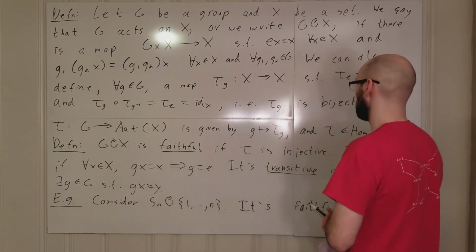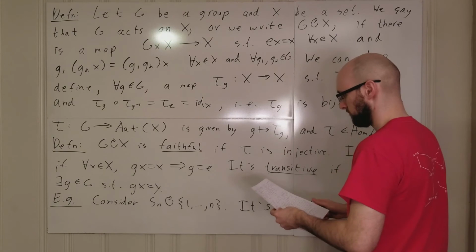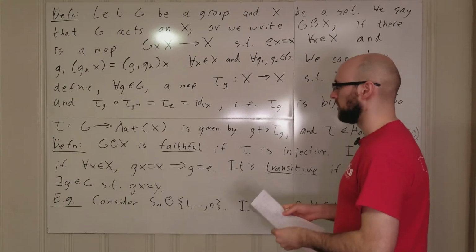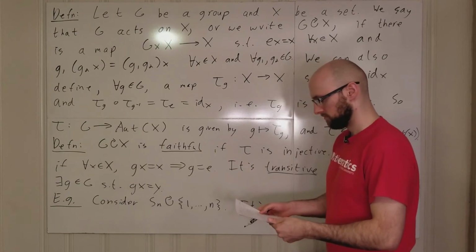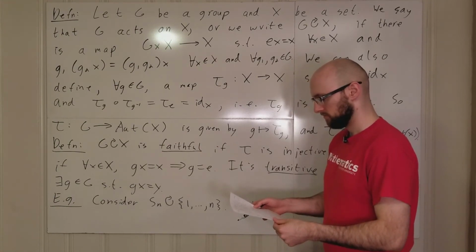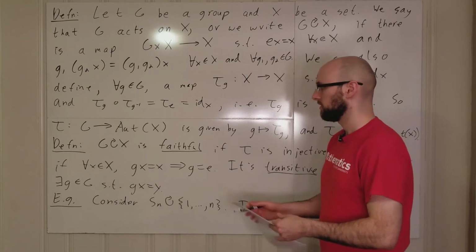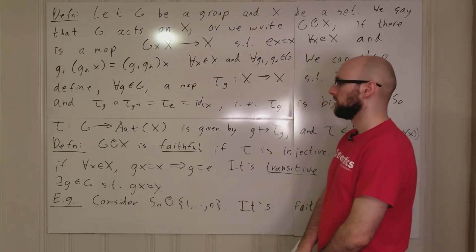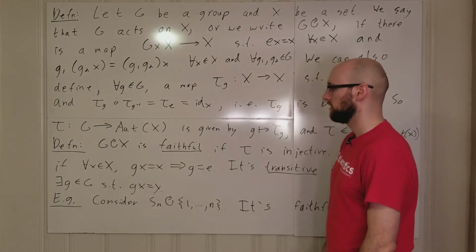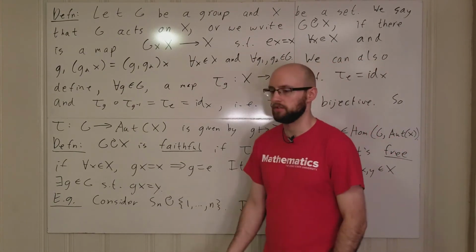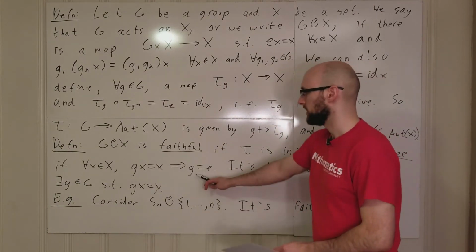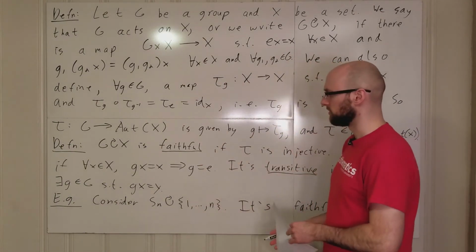Let's see here. How about free? Right. If n equals 1, then S1 has only one map there, and so this holds trivially, so it's always true.